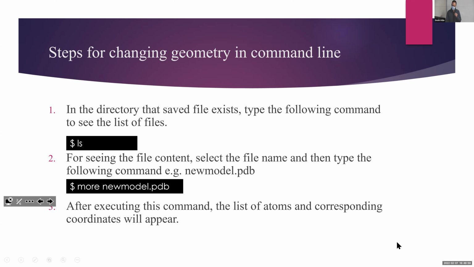So by typing ls, we can see the list of files. From that list, we need to choose the name of the file and see its content. For seeing its content, we can use the more command. So when you type more, and then, for example, here, the name of the file is newmodel.pdb, we can see the content of that file.